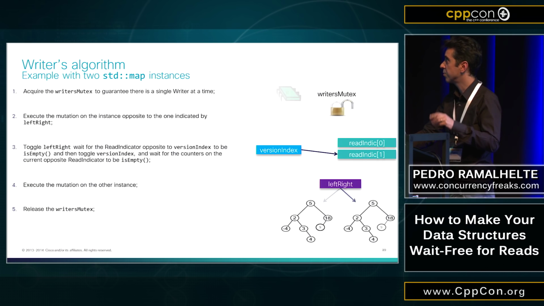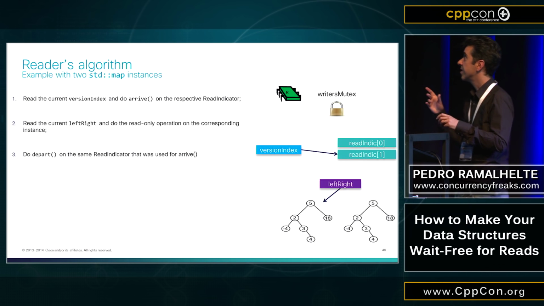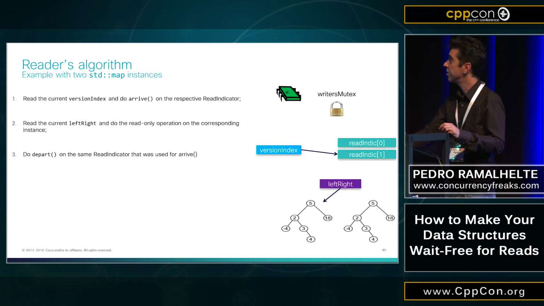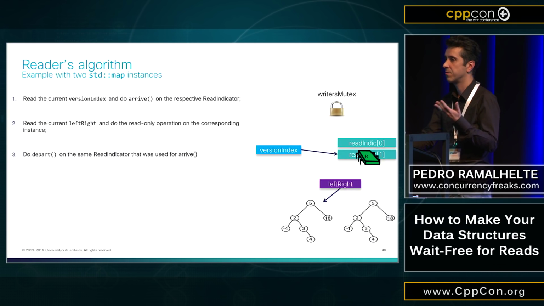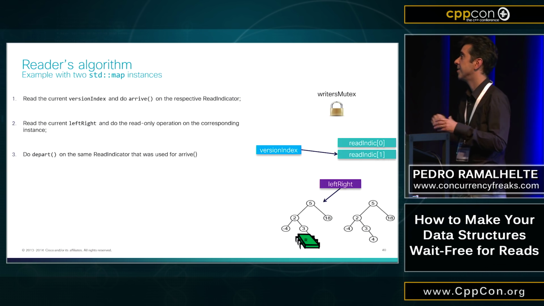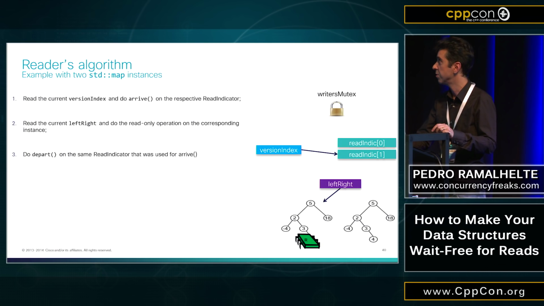So what it does, it's really simple. On the reader side, they don't acquire any lock. They just go in, look at the version index, that's an atomic load. They do arrive on that, which is usually just an atomic store or a fetch-add. Then they go on left-right and see which data structure should I go into, and they do whatever read-only operation they need to do.